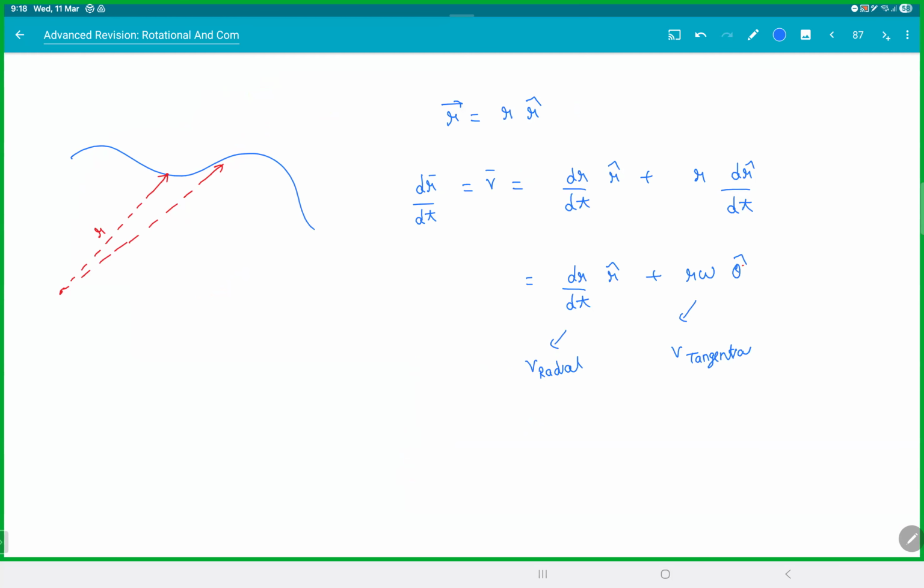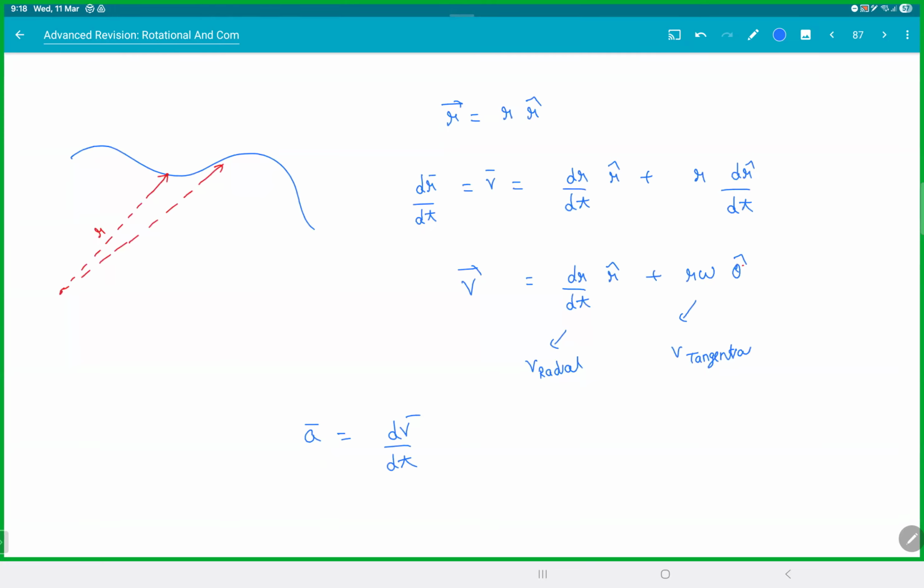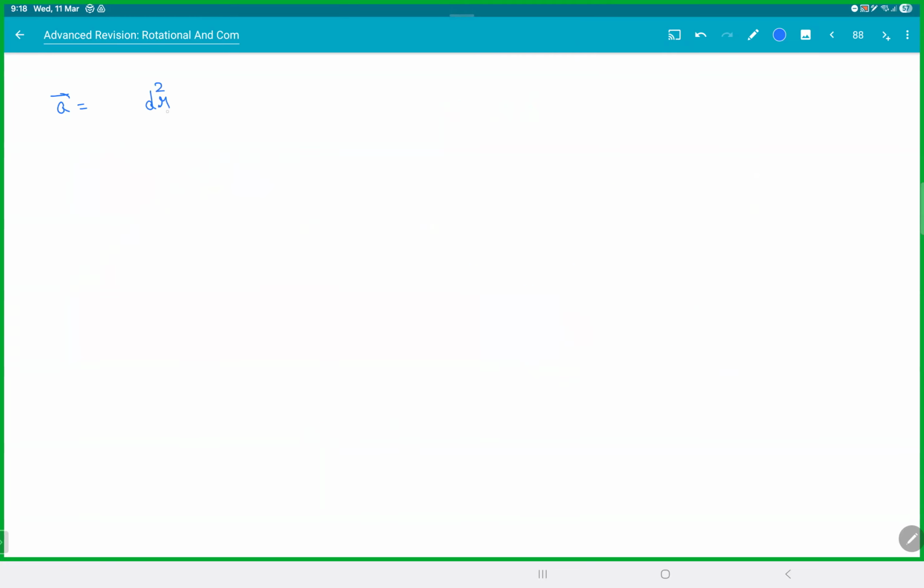Clear with this? Now, if I differentiate this again, I should get acceleration. Now, when you differentiate this again, dv by dt, you get something pretty big. We get d square r by dt square r cap plus dr by dt r cap plus, now you're differentiating r omega theta cap. All three are variables.